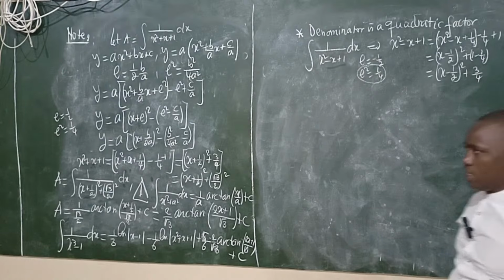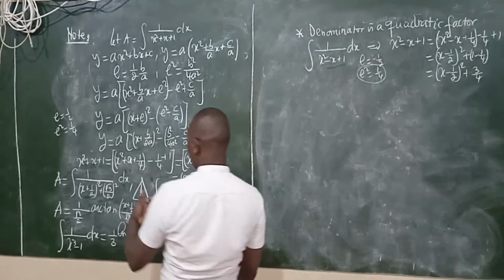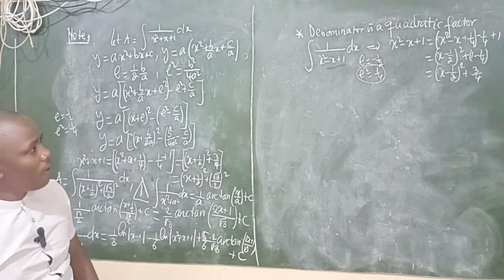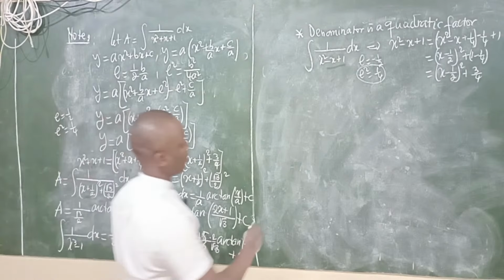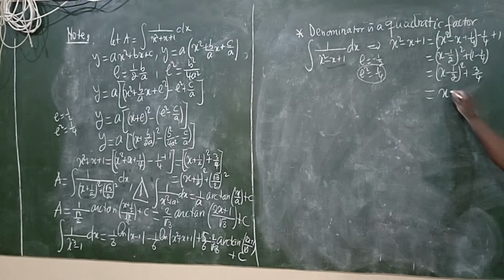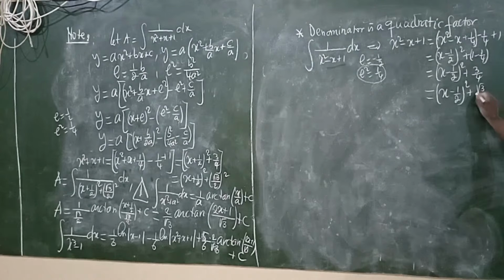The question is somehow similar to the one we did previously. This is x minus a half squared plus the square root of 3 over 2 squared.